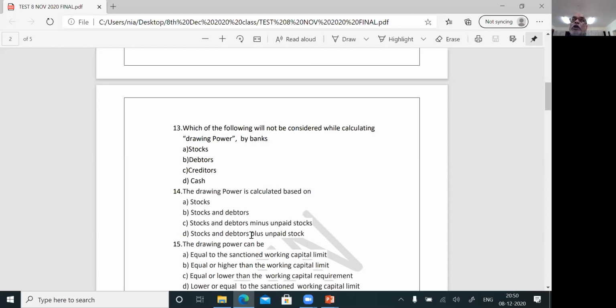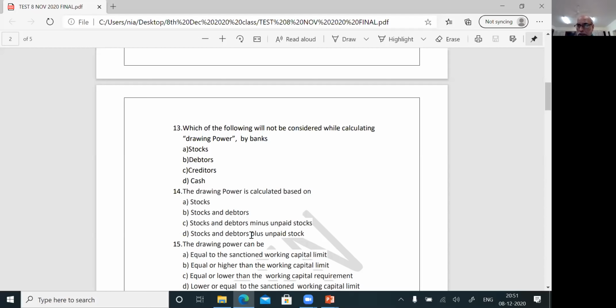That stock is called paid stock. So DP is to be arrived at only on the paid stock, not on the total stock. If nothing is given about unpaid stock, you take the total stock. If sundry creditors or something like that are given, you have to remove them from the total stock to work out your DP.